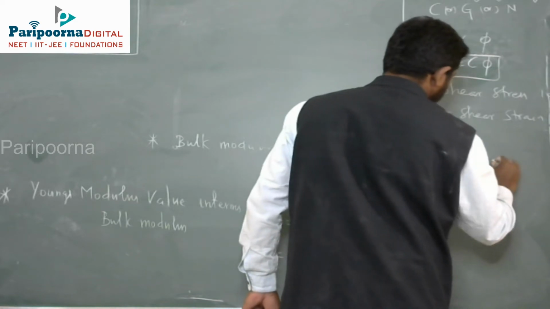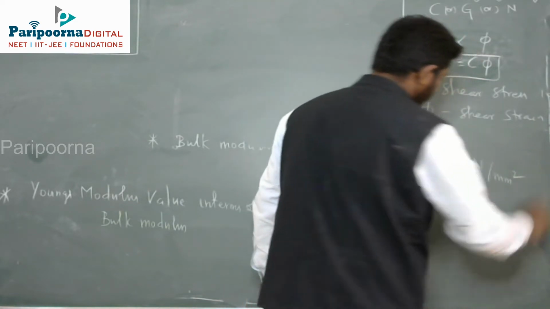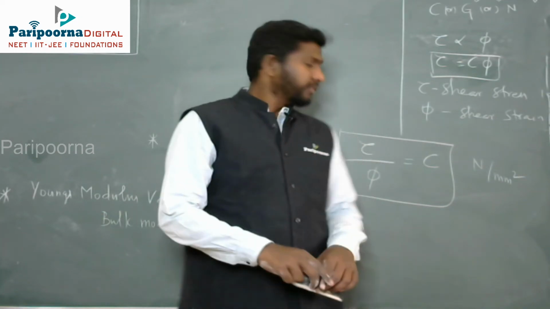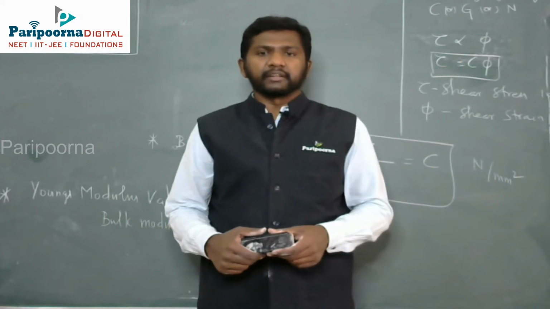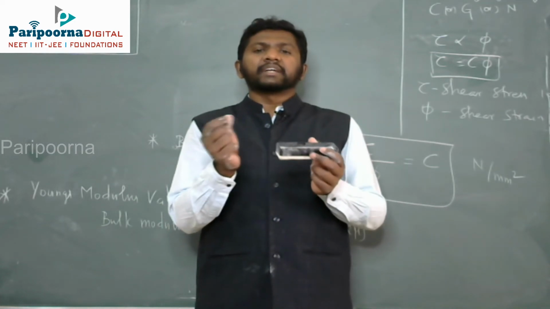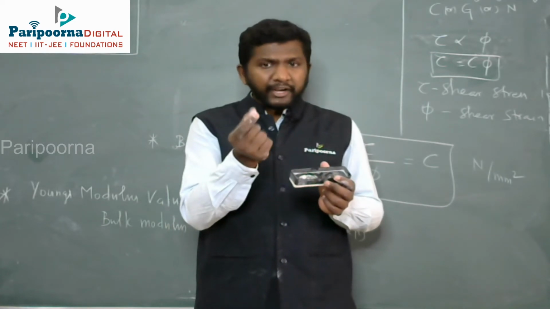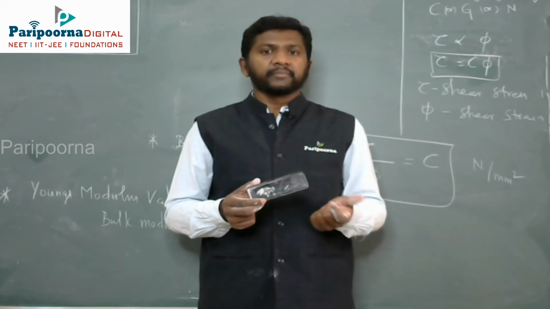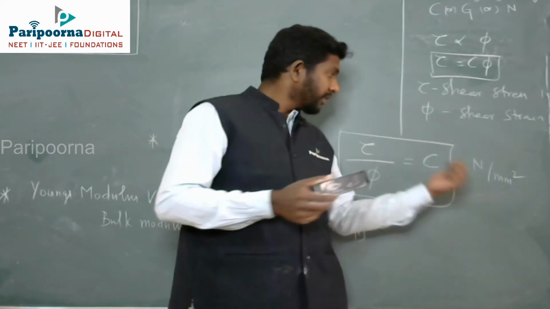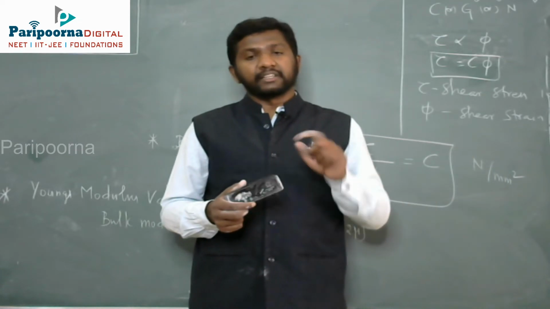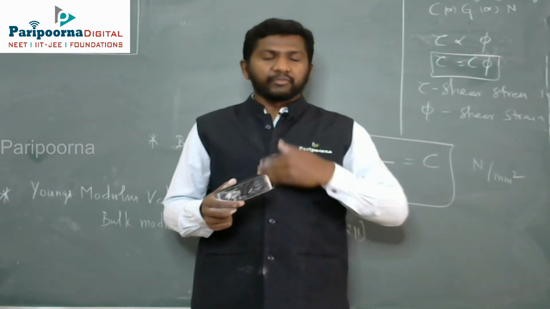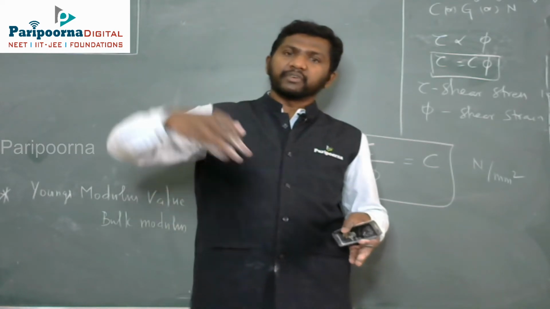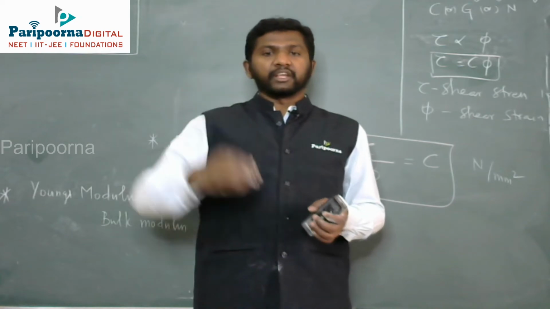The unit is Newton per millimeter square. Normally in strength of materials, the unit will be millimeter, because the deformation takes place for very minute cases only, micron level changes. Whereas in fluid mechanics, for example in a fluid transportation system, the fluid is transported through pipelines for 1 kilometer, 2 kilometer, 3 kilometer.